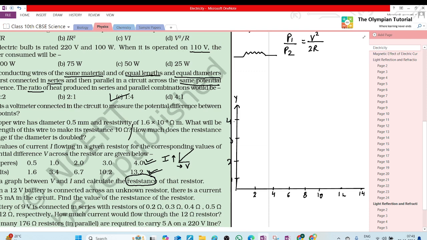It is a straight line. And now you have to calculate the resistance of that resistor. How will you calculate the resistance of that resistor?